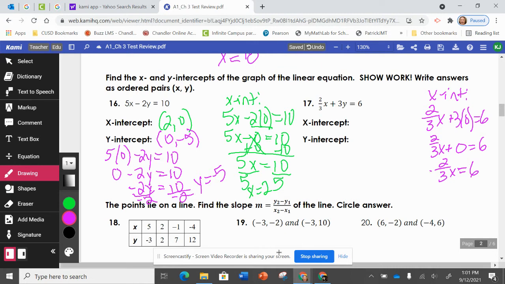The opposite of dividing by 3 is multiplying by 3 on both sides. These reduce to 1s, so I'm left with 2x. 6 times 3 is 18. The opposite of multiplying by 2 is dividing by 2. So 18 divided by 2 is 9. That makes our x-intercept (9, 0).